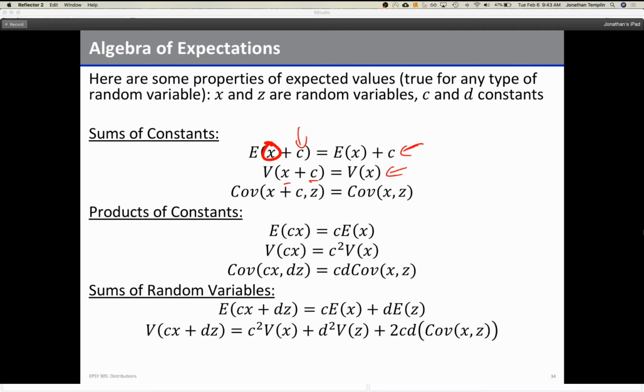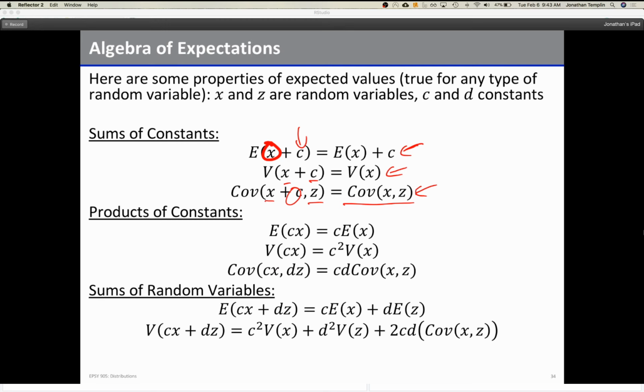We're not expanding or shrinking the shape or the mass of the distribution. We're just moving its center. Similarly, if we had two variables, x and z, and we added a constant to one of them, the covariance is unchanged as well. We're going to see this with numbers in just a moment.